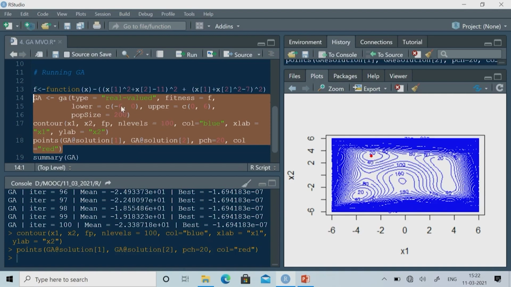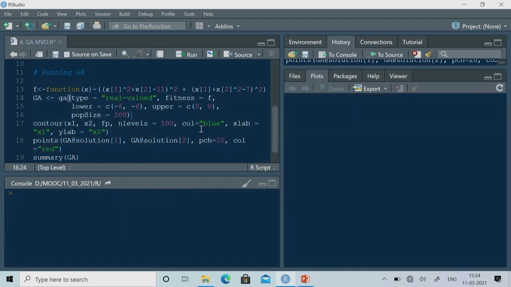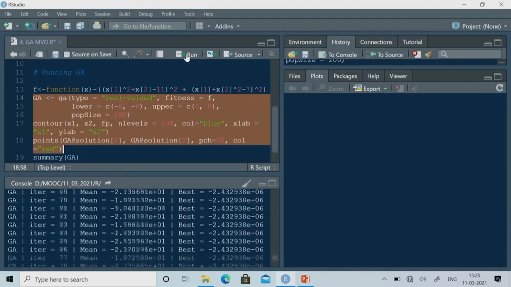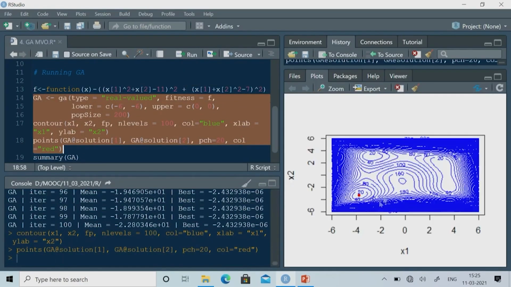So, similarly you can also change this. In order to get the solution in the third quadrant, let us put x1 between minus 6 and 0 and x2 also between minus 6 and 0, and if I execute these particular lines, then I should get the solution in the third quadrant. Similarly, I can also get the solution in the fourth quadrant.